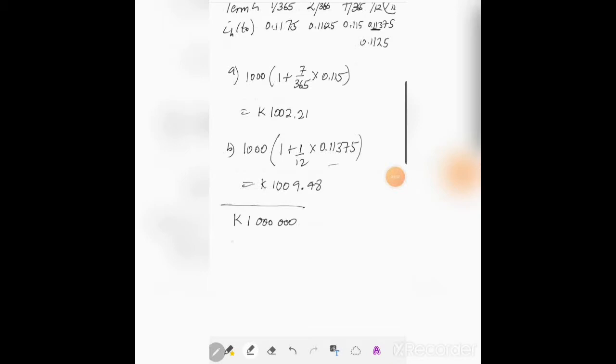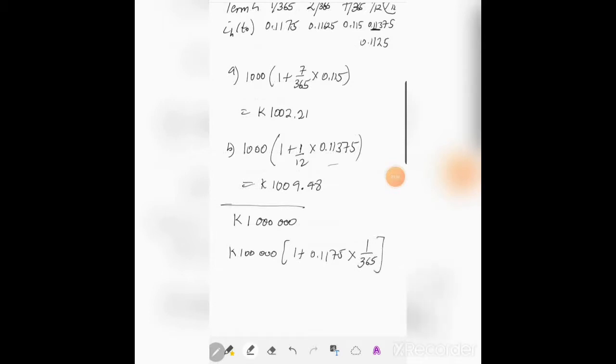The accumulation will be 1 million, then we multiply this by 1 plus 0.1175 by 1/365.